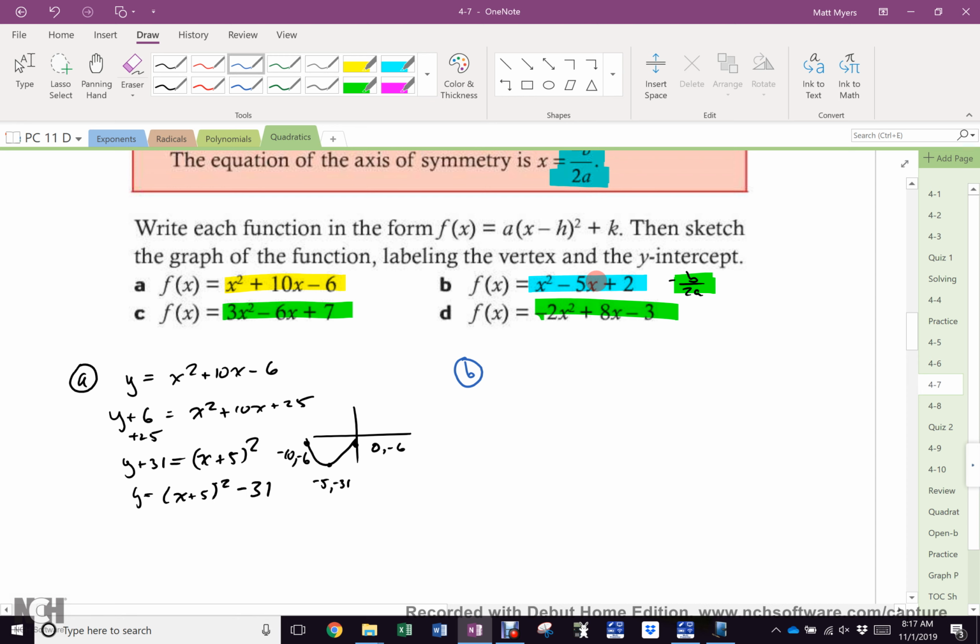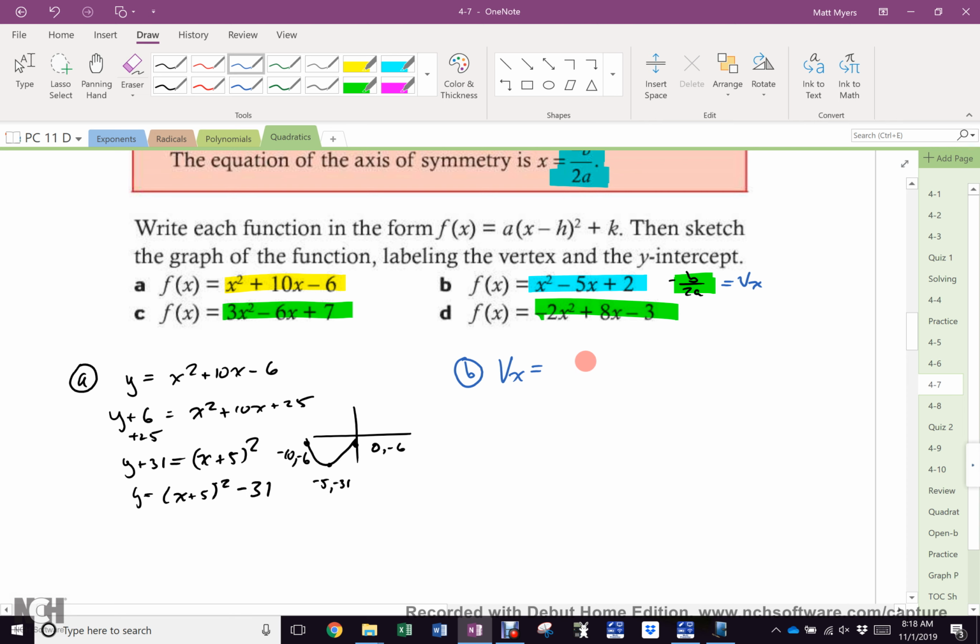B is yucky. We're not going to complete the square. And it doesn't factor because there's no factors of 2 that add to 5. So what are we going to do? We're not going to do the whole quadratic formula because that's ugly. It'll take too long. We're going to use this move that we used last time because that equals the vertex x. So I'm going to take negative b, which is 5, vertex x equals negative 5.